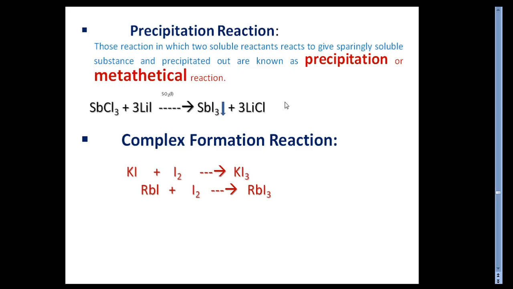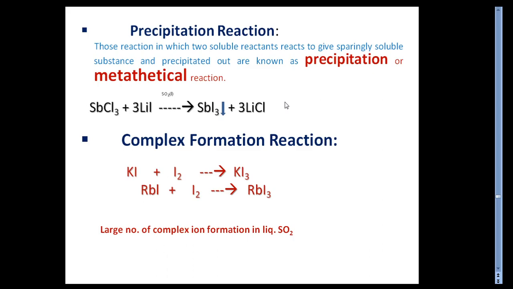One example is the solubility of iodine in liquid SO2, which gradually increases with the addition of potassium or rubidium iodide.